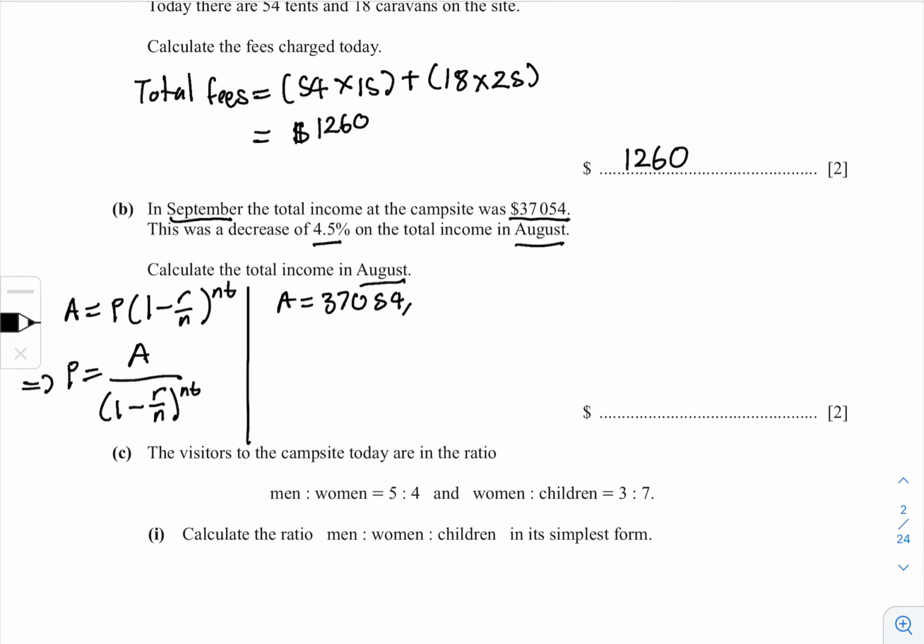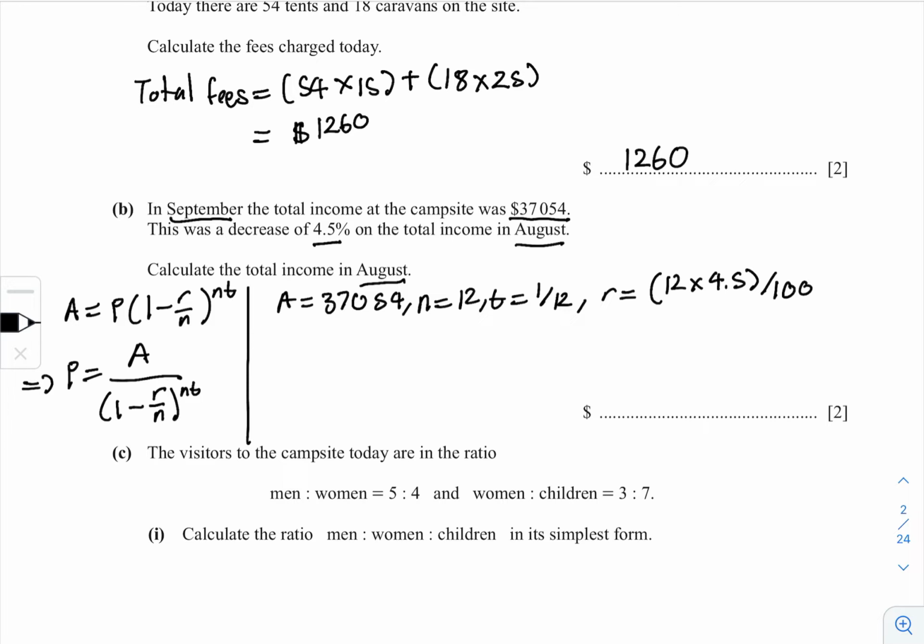So by substituting the relevant information in, we get A equals 37054, N equals 12, T equals 1/12, and R equals 12 multiplied by 4.5 divided by 100.